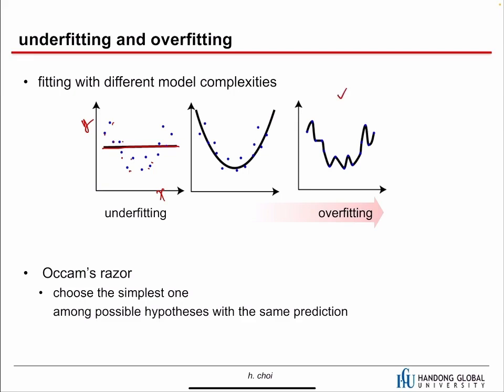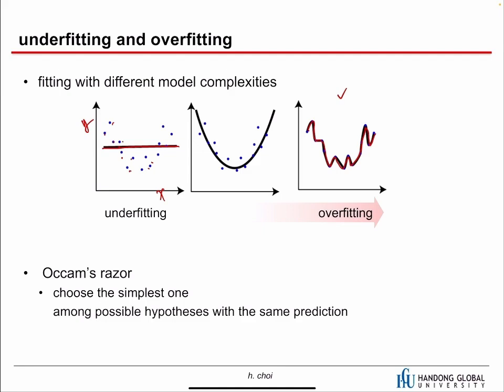Let's take a look at this one. In this case, this model is a lot more complicated than the linear model. With this model, the training error is 0. So this model fits the training data samples perfectly. But this is too much. Think about this one.